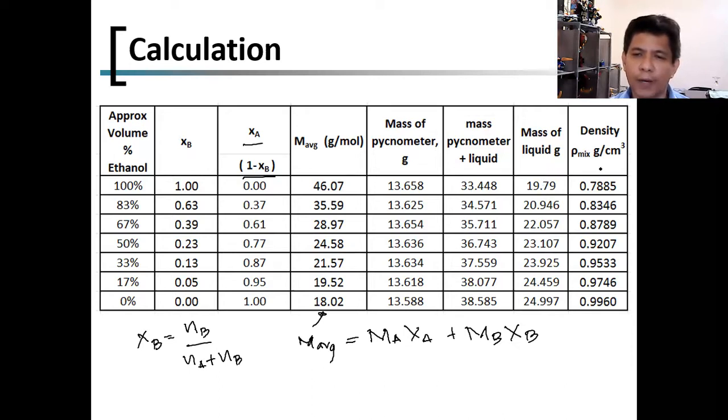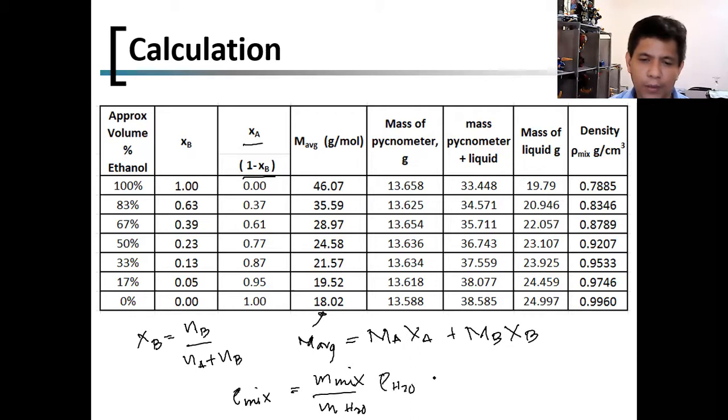Okay, so to find this one, the density of the mixture, we're going to use this formula. The density of the mixture is equal to the mass of the mixture divided by the mass of water times the density of water. Let's try to calculate that value.